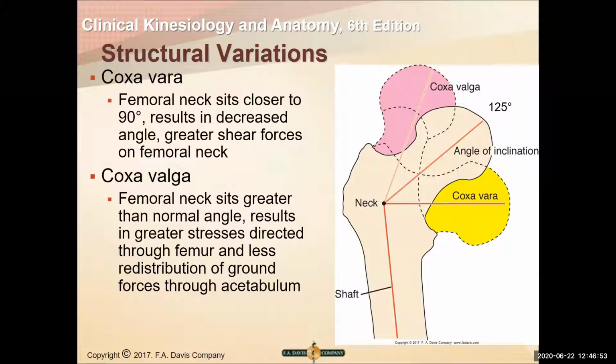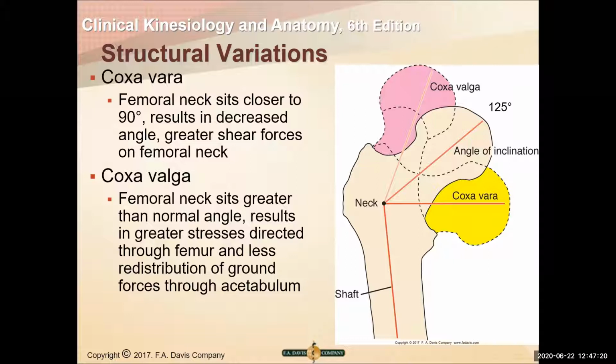When you have coxa valga, the neck sits at greater than normal angle, which creates greater stresses directed through the femur. So this isn't as much of a problem, because it's really hard to transfer forces at 150 degrees. But the other downside is the ground force. All that force coming up through the femur is not going to get shared up into the main hip area and the back to help cushion you.